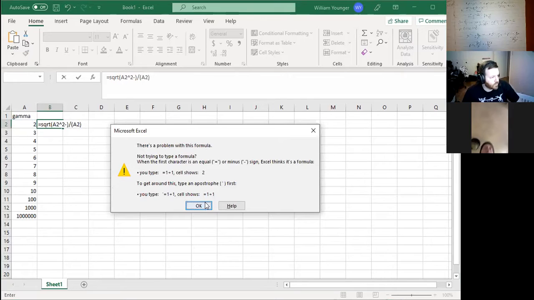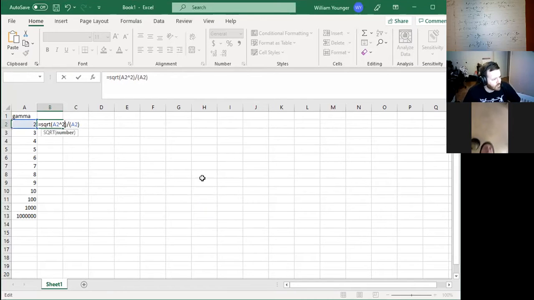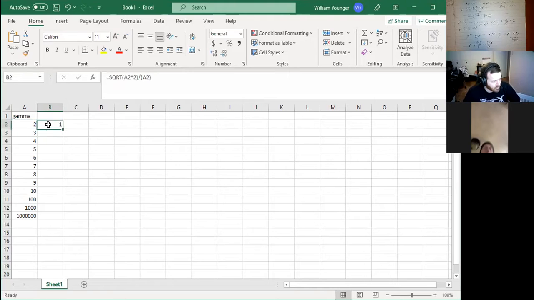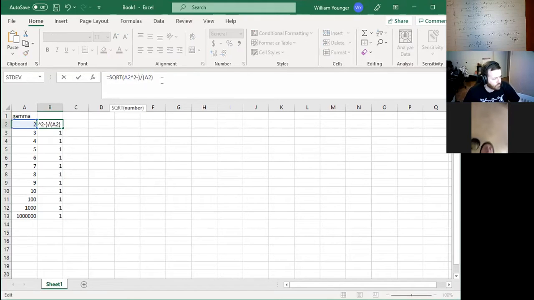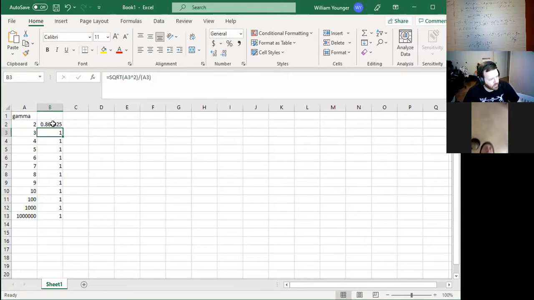And this will give me, oh, no, where I had a minus there. Oops. Whoa, what happened? Okay. Square root, oh, gamma squared minus 1. I had the minus, but I never typed in the 1 evidently, or the keyboard didn't work. Yeah. So there's the 0.866025, which is √3/2.